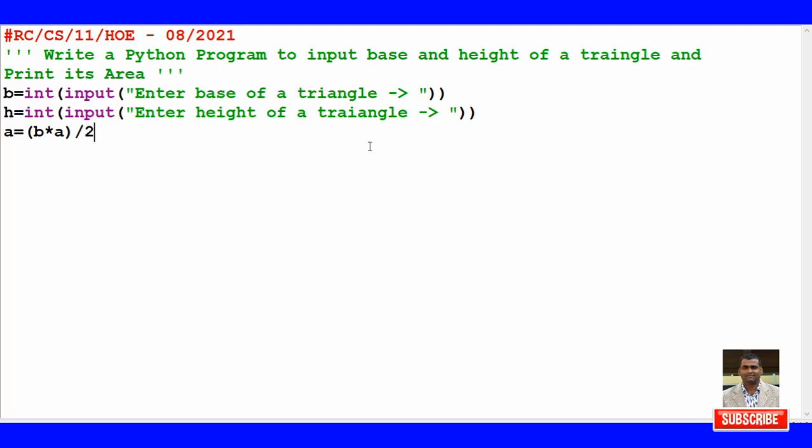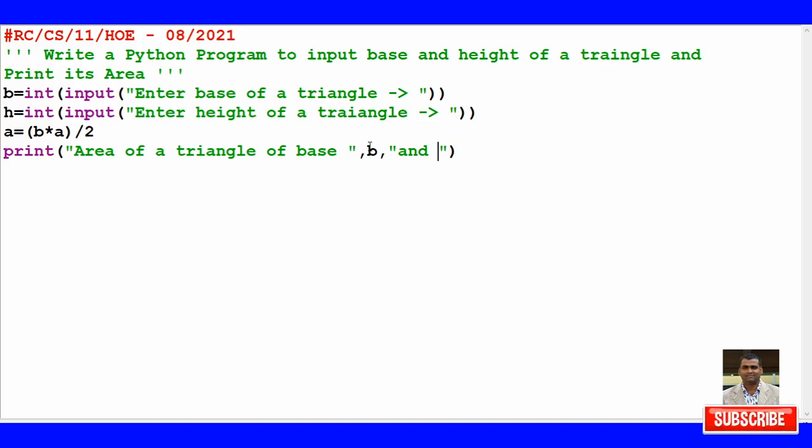I'm going to write print, and then again a customized print output: area of a triangle of base. I'm giving a comma outside, base is coming from b, and height is coming from h.